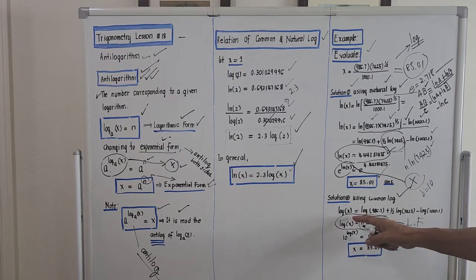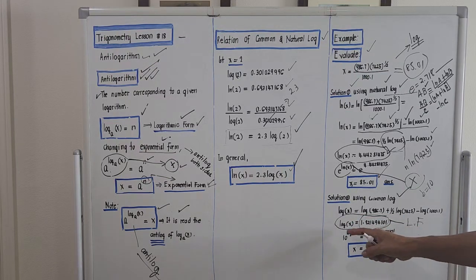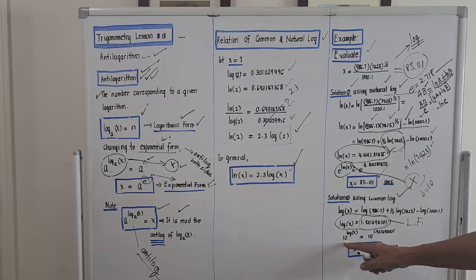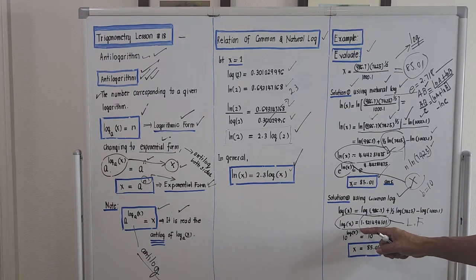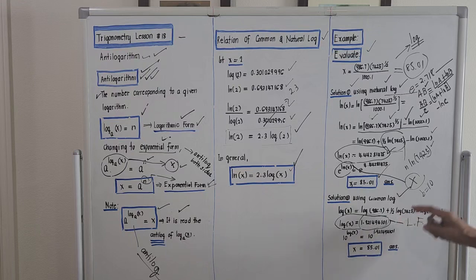So to compute for x, we must eliminate this log here. And to eliminate this log, we shall take the antilog. And to take the antilog, we will take the base. The base here is 10. And we raise that to the given left-hand side. And this should be equal to 10 raised to 1.921 94101.